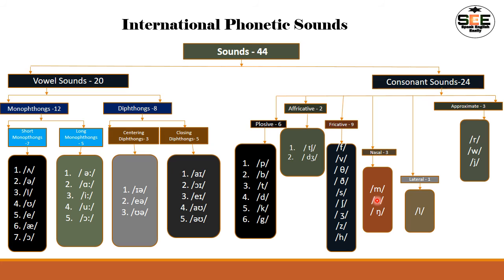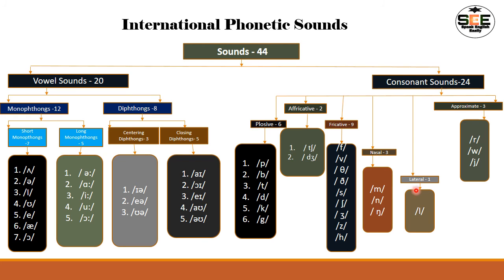So this nasal sound I would like to repeat again. So find the difference, and ng. Okay, ng. So these are produced with the nose, so we should memorize this very clearly.